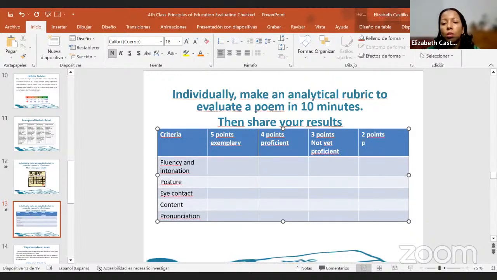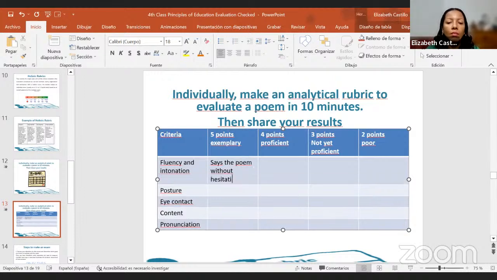And finally, let's include a poor performance. Then in fluency and intonation: says the poem without hesitating in each line.